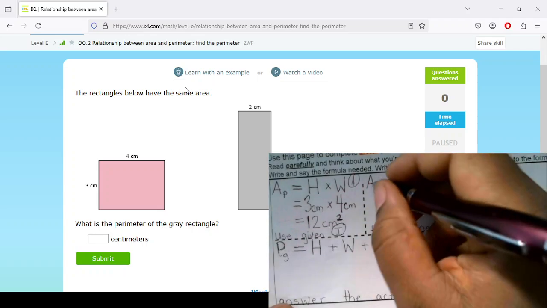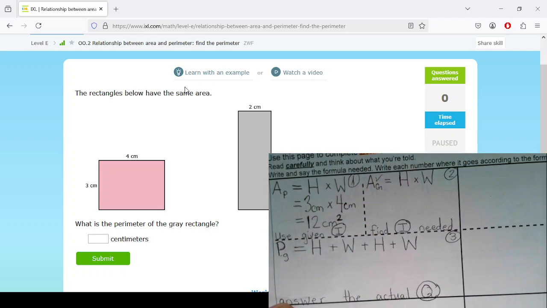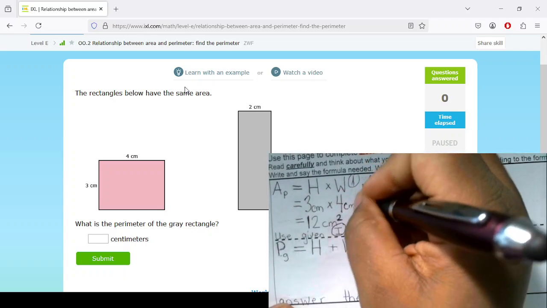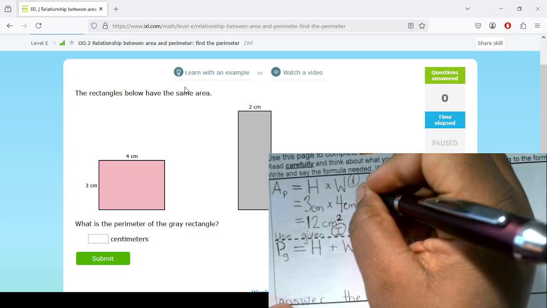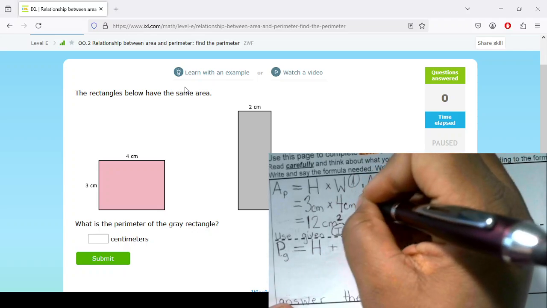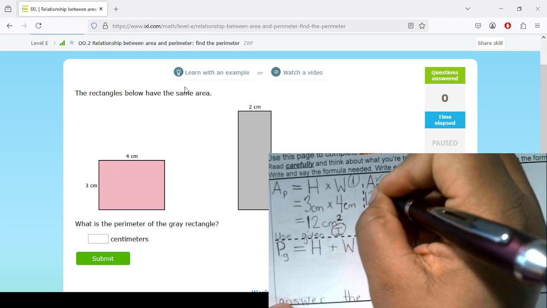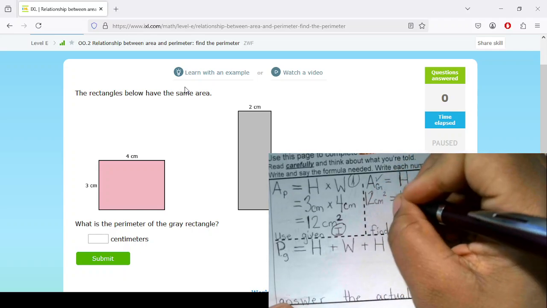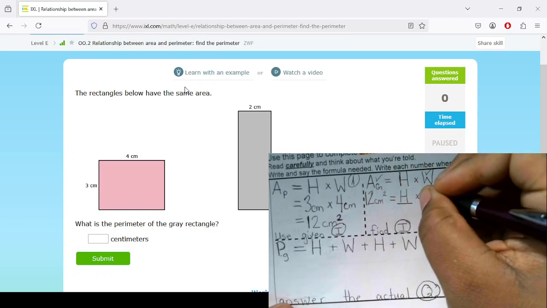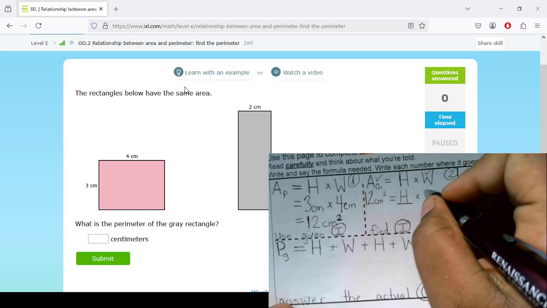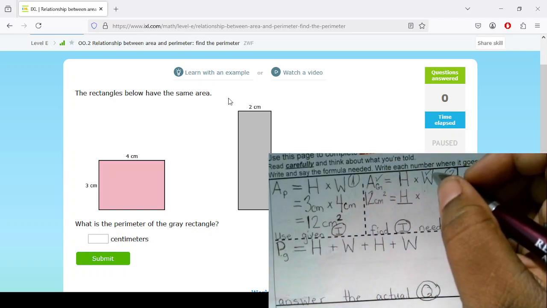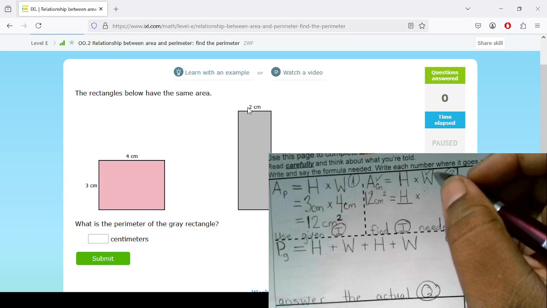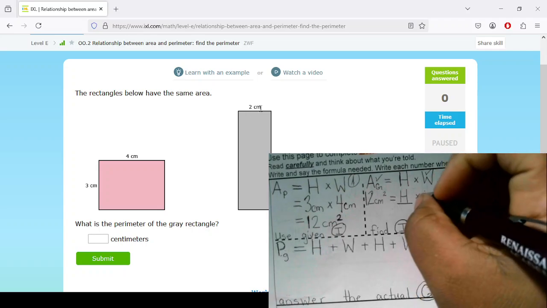And since I know the area of this rectangle and I know the width of this gray rectangle, 12 square centimeters is equal to the height dimension multiplied by, what is the width dimension? I look in my diagram and I see that the width dimension is 2 centimeters.